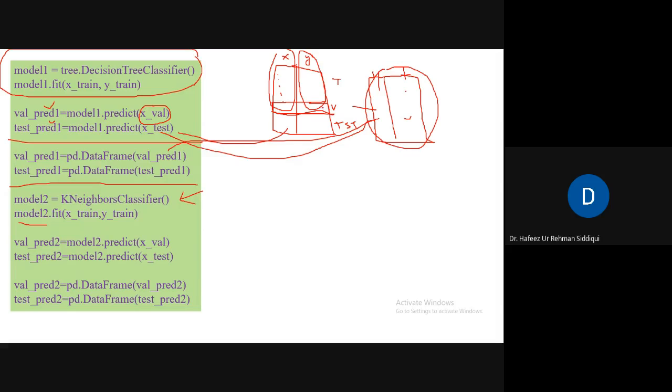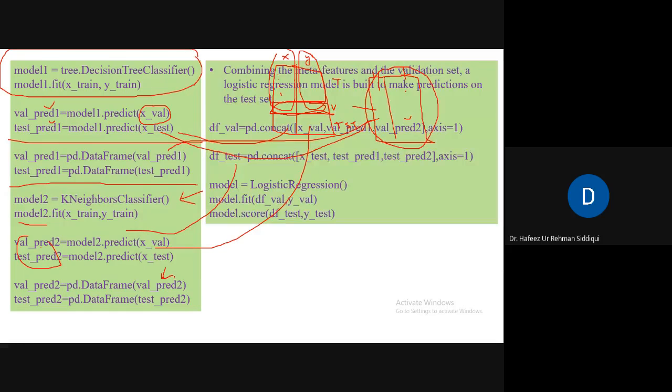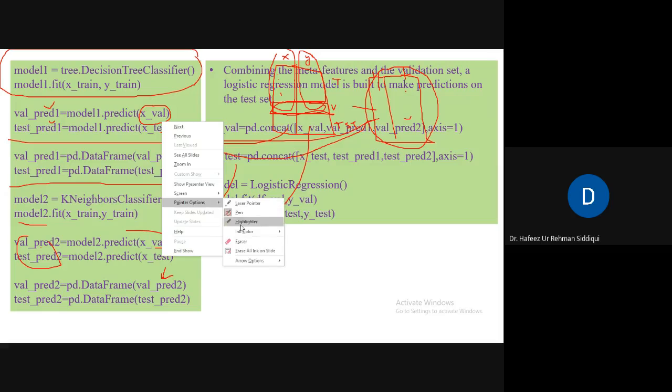Then take the validation values and find out the prediction, then take the test data and find out the prediction, and put these two values into a data frame. Okay, let me remove those ugly drawings.